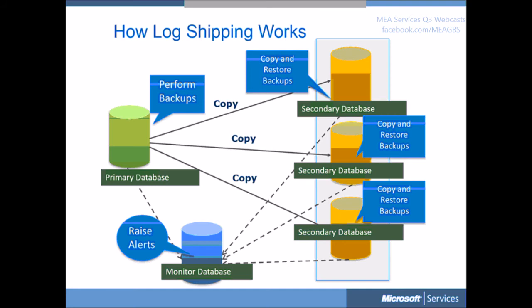The primary database is going to say, okay, I have done the backup bit. And the secondary servers may come back with status messages saying that, well, I have done the copying bit to my machine and I have done the restoring bit, or basically have or have not. So this is the information that's going to be in the monitor database, which will then raise alerts depending upon what kind of messages are coming in. So that's a quick diagrammatic representation of how log shipping works.